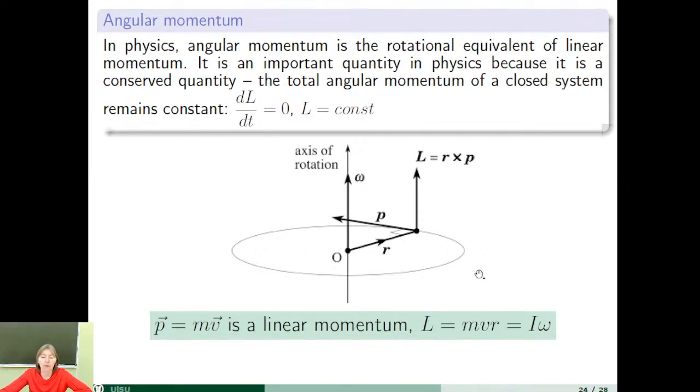And look at this expression, and now we know the direction of angular momentum, because angular momentum is a vector product, and its direction is defined by the vector product.